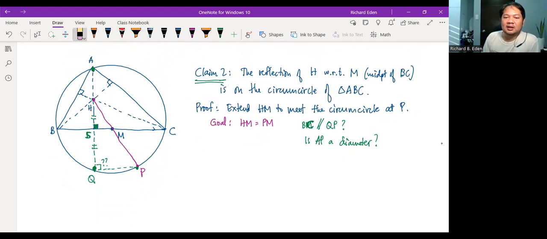Okay, so ganito. Extend HM to meet the circumcircle at P. So ang goal natin is to show that HM equals PM.